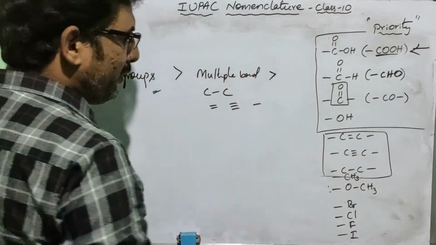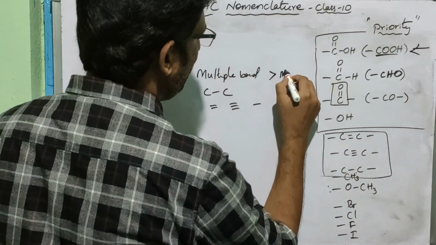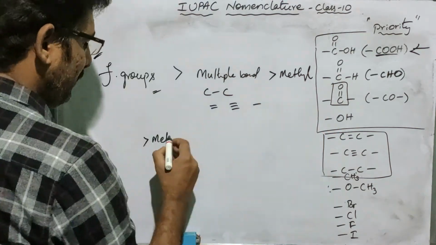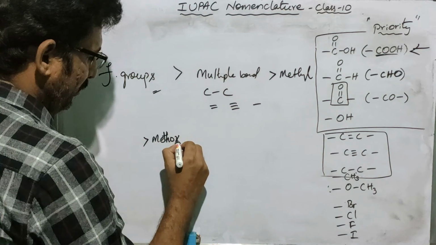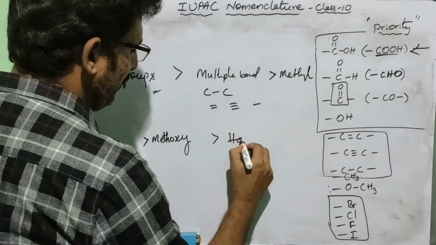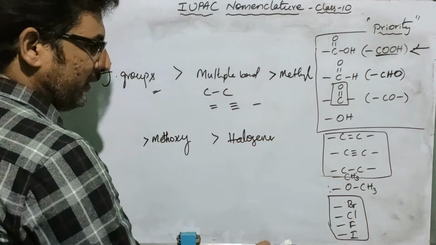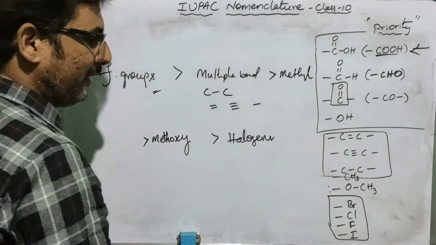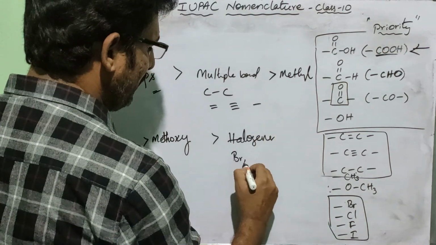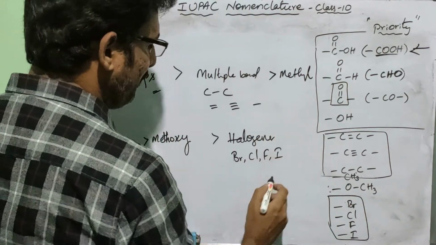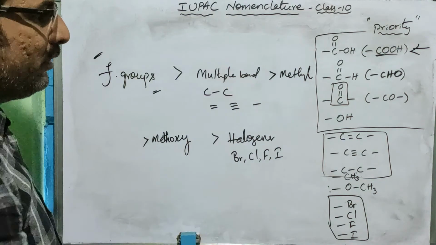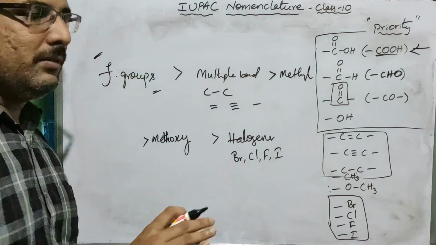Then you give priority to the methyl group, then methoxy, and after that come the halogens, that is bromine, chlorine, fluorine, iodine, in alphabetical order. So B, C, F, I. The preference is given in alphabetical order. This is how you can remember the preferential order when you write the IUPAC name of an organic compound.